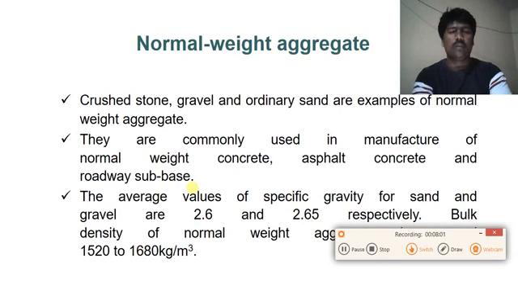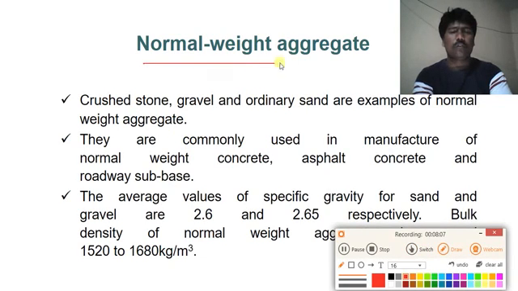So in this slide we will see what we mean by normal weight aggregate. Normal weight aggregate is an aggregate of crushed stones, gravel, or ordinary sand. I can say all these three are examples of normal weight aggregates.